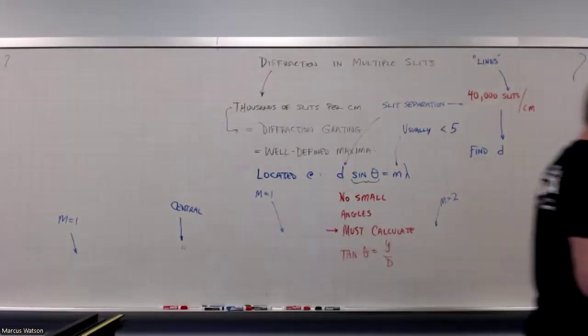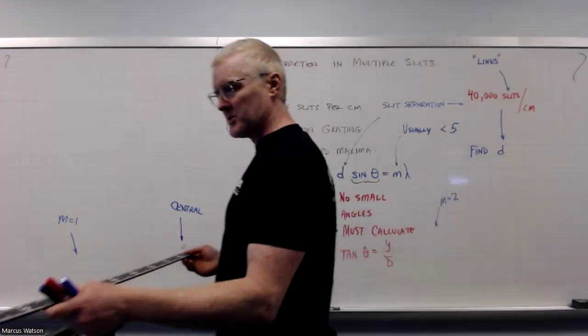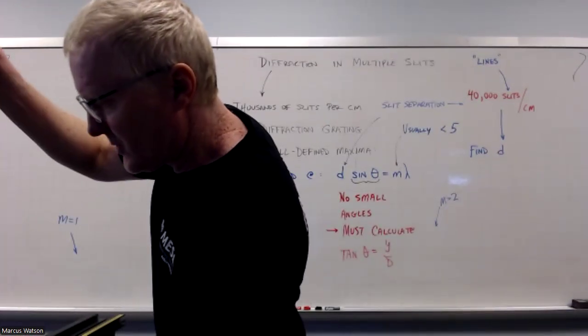Actually, what would be pretty cool, since I have already marked these out on the board, is to go ahead and use my data to try and find what the wavelength of this light is. So let's do this.